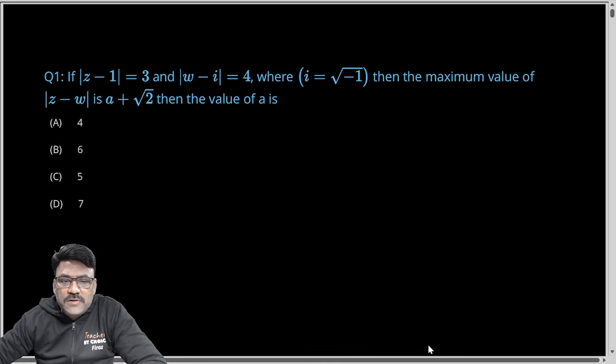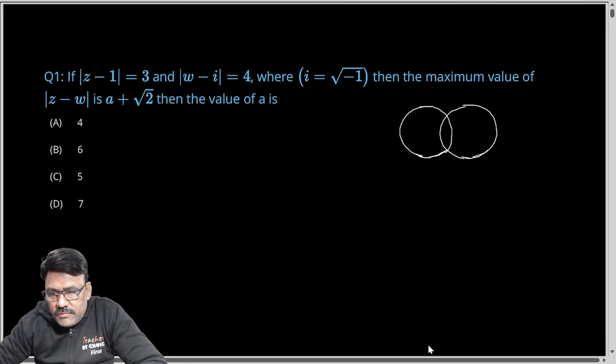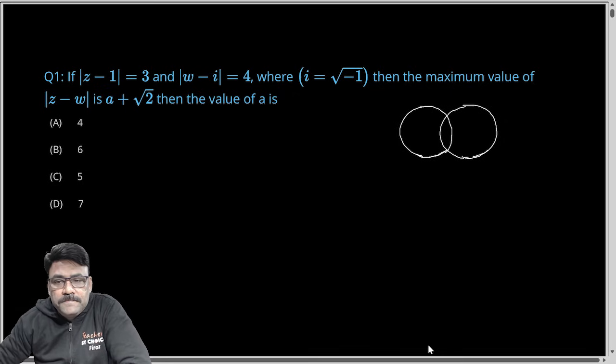So let's draw two intersecting circles first. Okay, let's say this is your first circle. Its center is 1 comma 0 and radius is 3. And then we have another circle here. Its center is 0 comma 1 and radius is 4.